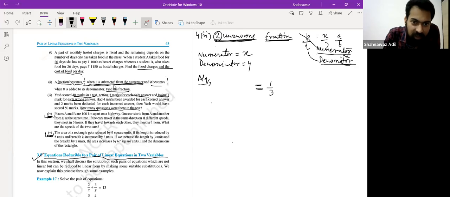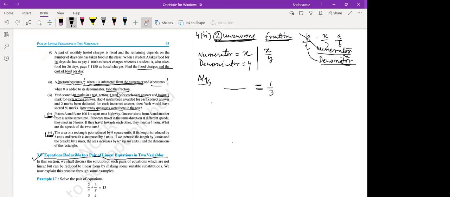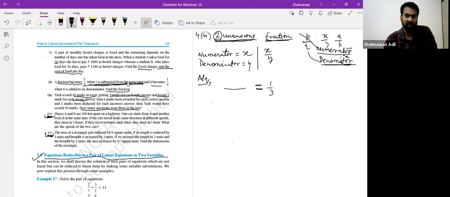So when 1 is subtracted from the numerator, right? So what will be the equation? So this is your fraction, right? Numerator and denominator. But what do you do according to this question? You subtract 1 from the numerator. So what is your numerator? Your numerator is x, right?